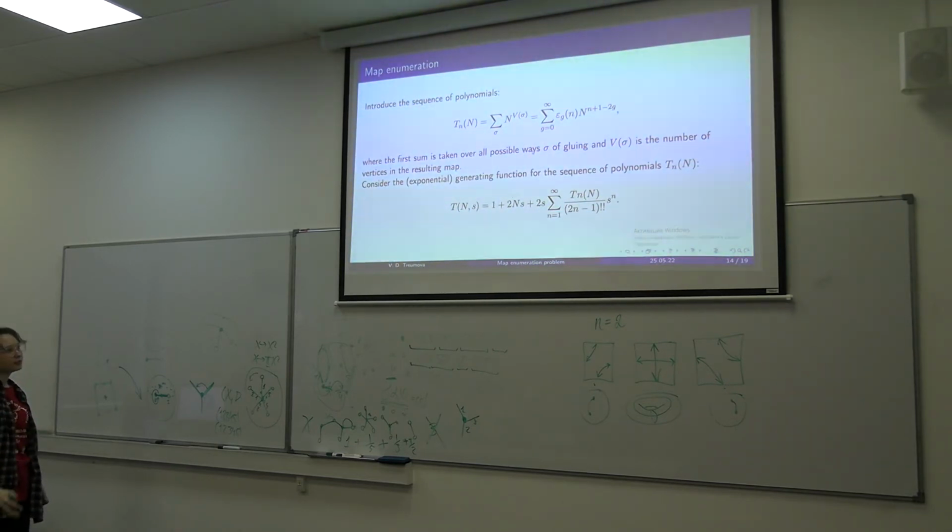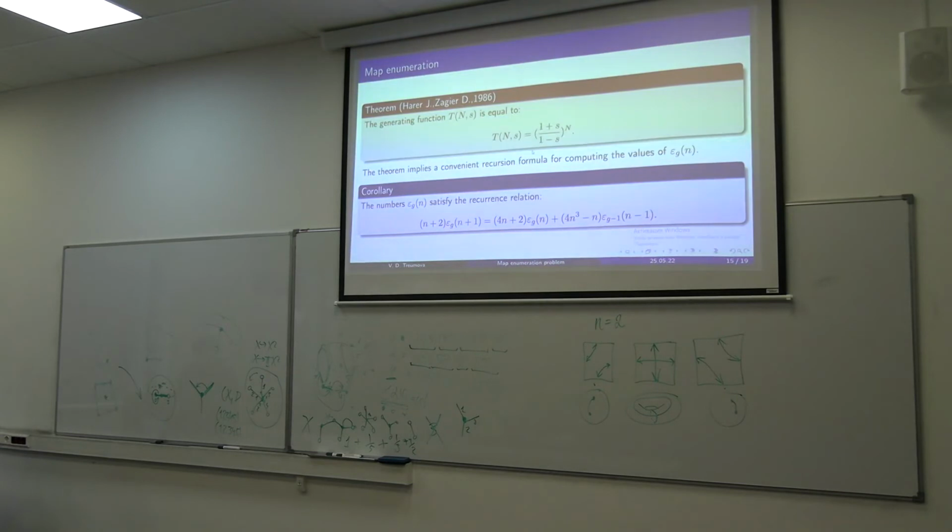V is the resulting number of vertices, and we can express it in terms of the number of edges and genus by Euler's formula. This is the second equality. And then I consider the exponential generating functions, and the theorem by Harer and Zagier states that this generating function is as follows.